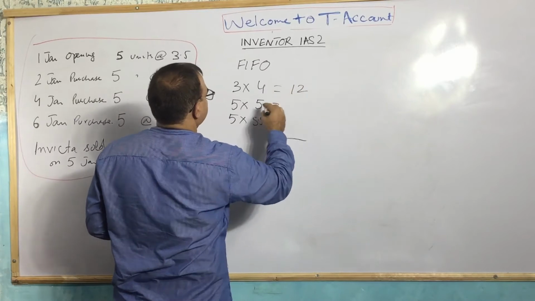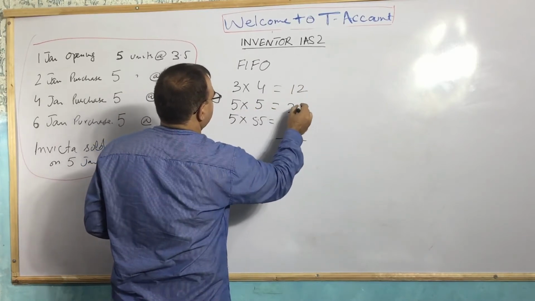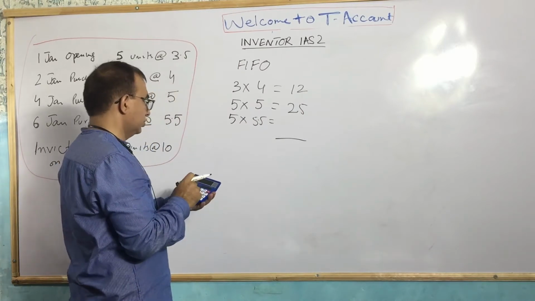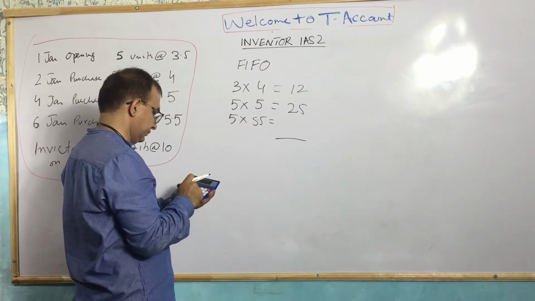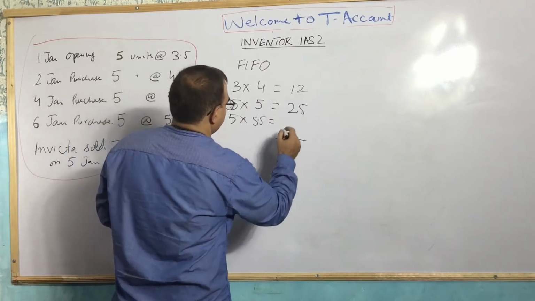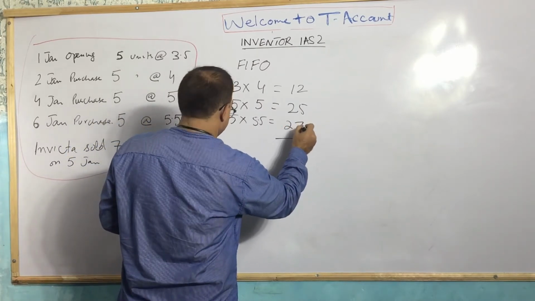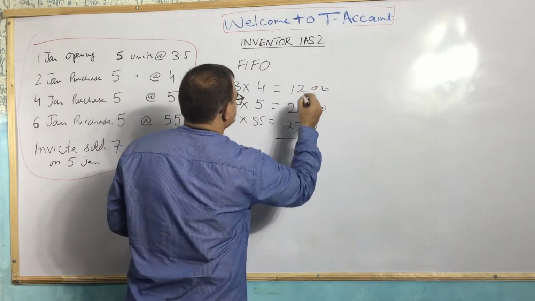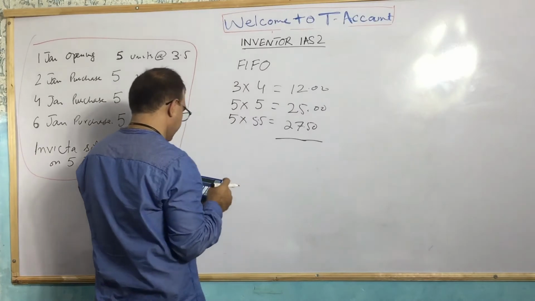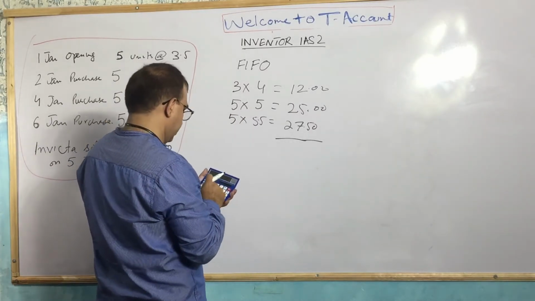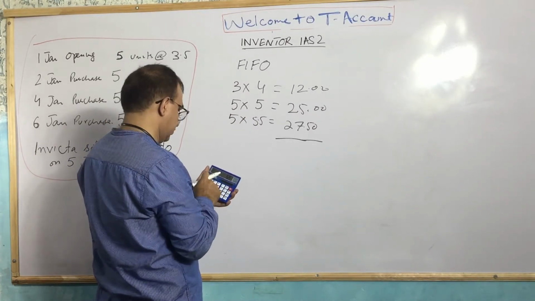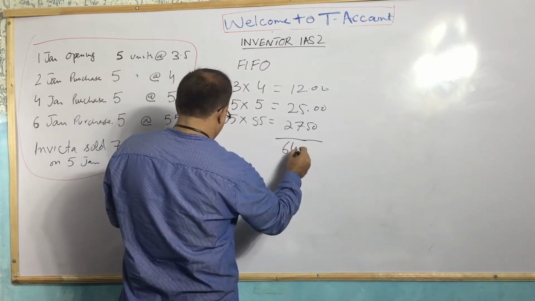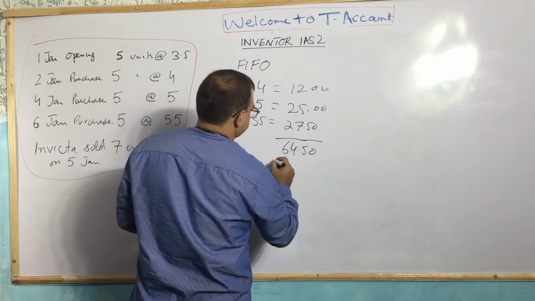Here you have 12, 25 and 5 into 5.5, 27.5. If you add them up, what will you get? 25 plus 12, 64.50.